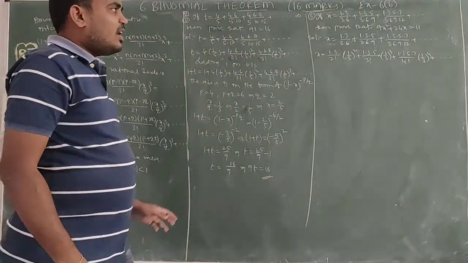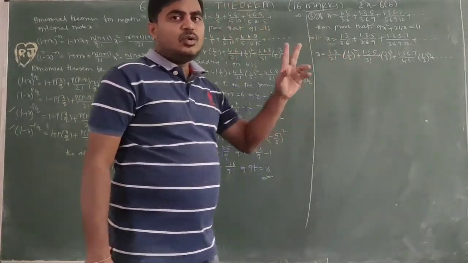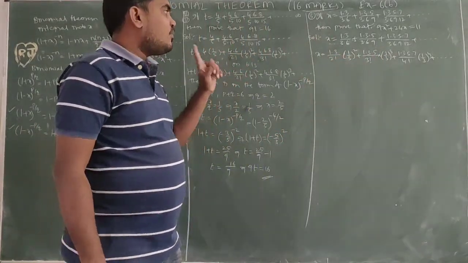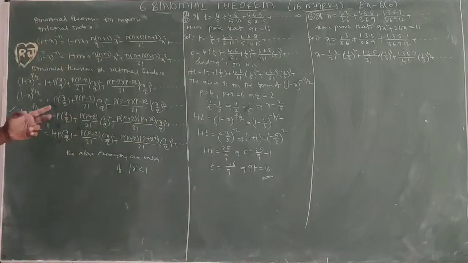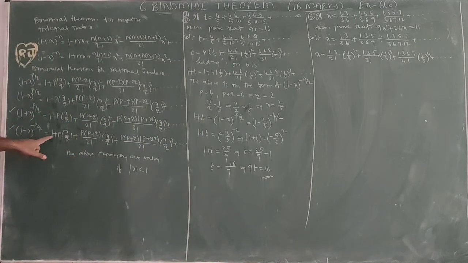Next, all terms are positive, but we are missing two terms. What are the two terms? This is an expansion of 1 plus p into x by q, which is missing the first two terms.